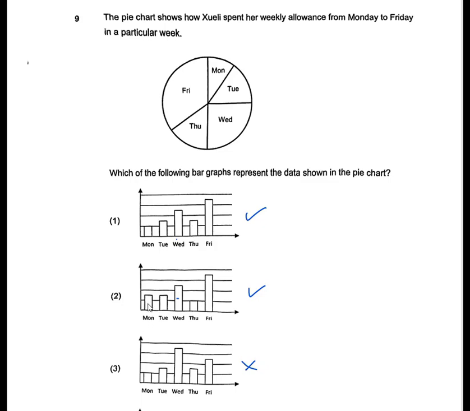And here, Monday and Tuesday seems to be equal amount of money spent, which is clearly not the case here. So using that as a reference, we will choose this. Although you see here, there's a very small difference between Tuesday and Wednesday, or they might be equal, which is not very clear. And from this also, it's very unclear. So we will still give the benefit of doubt and choose one as the option.